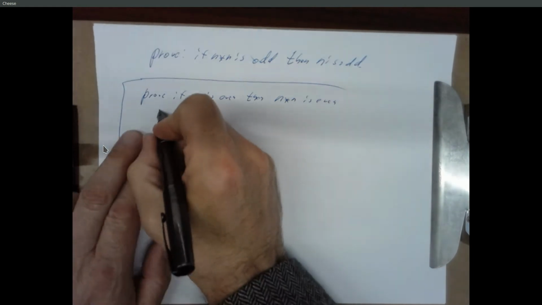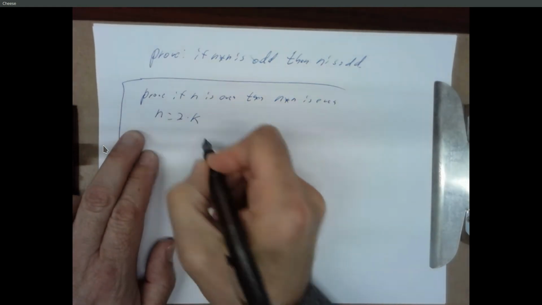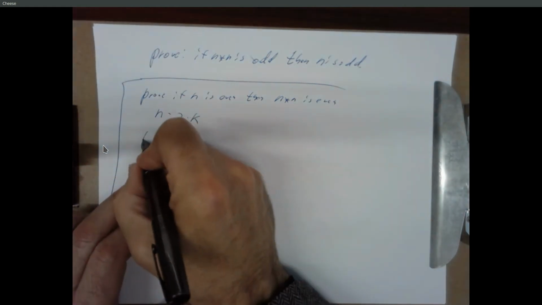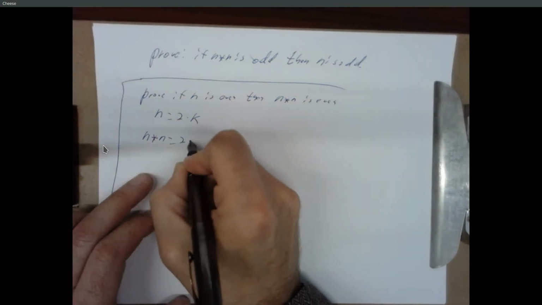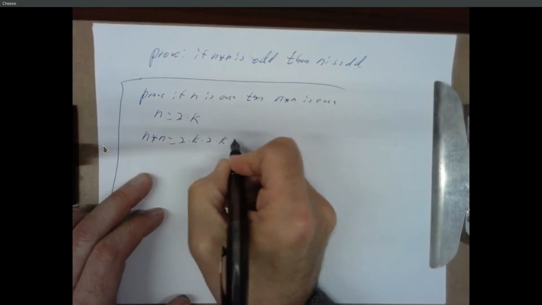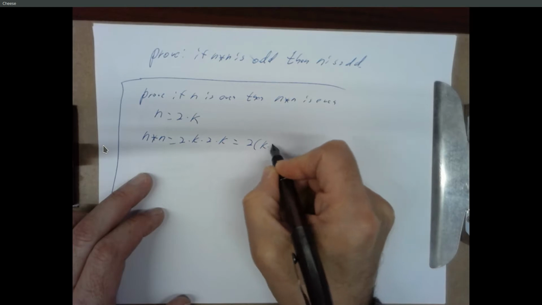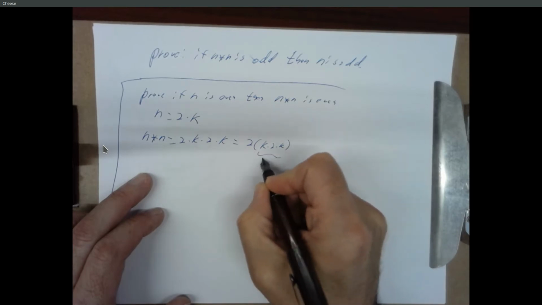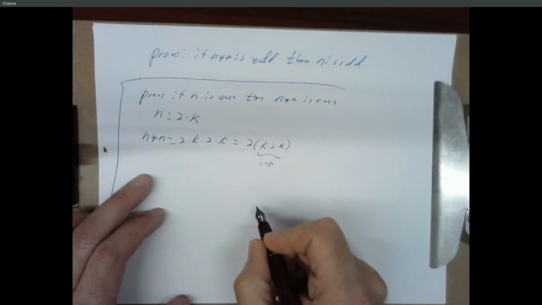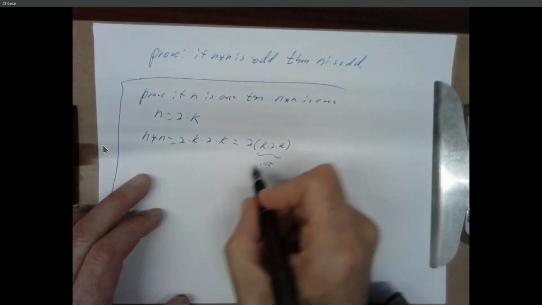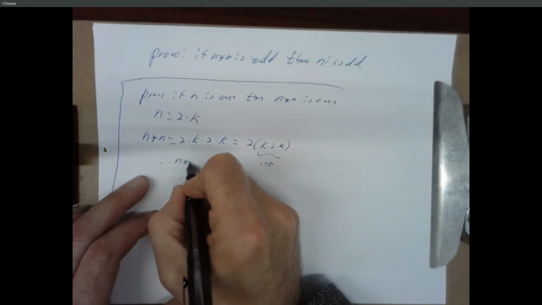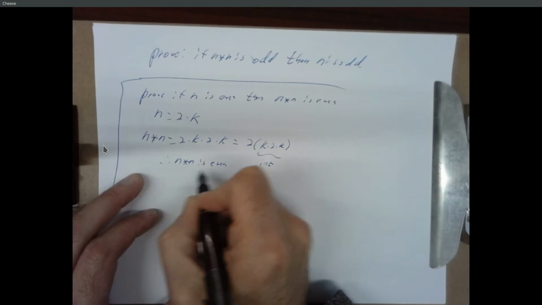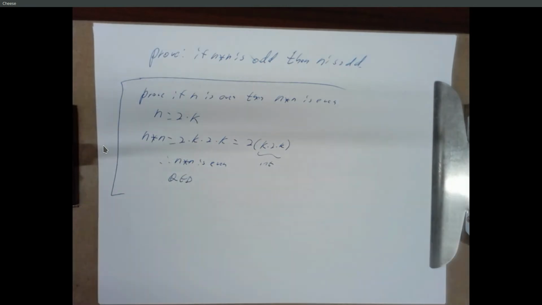If n is even, n is equal to 2 times some integer k, and so n times n equals 2k times 2k equals 2 times k times 2 times k, and this thing here is an integer, so n times n equals 2 times an integer, therefore n times n is even. So that's a prior problem.